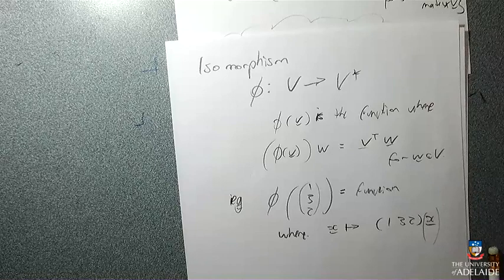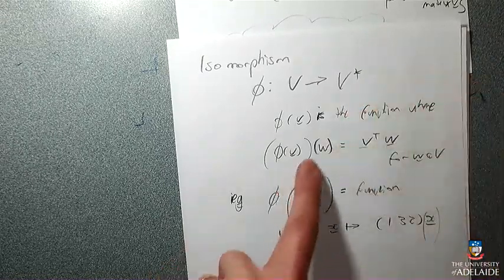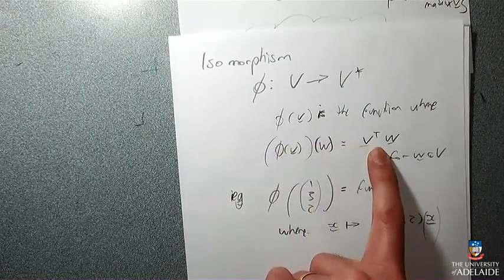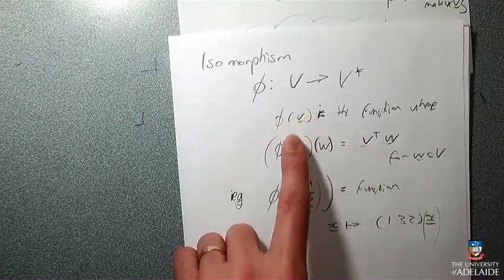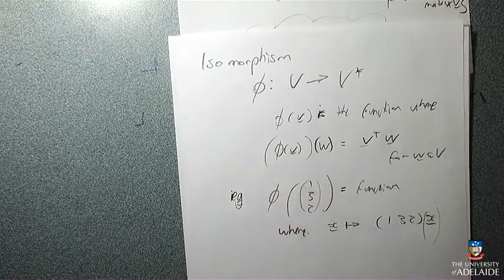If the output of your function is itself a function and you can only define it by what it does to things, that makes it really hard to write down. This is weird, like that should be a bracket there, right? If this function acted upon that vector produces this answer. Because phi of V is a function, so it goes in this position when you do function notation. Wow. No wonder this is hard to talk about.